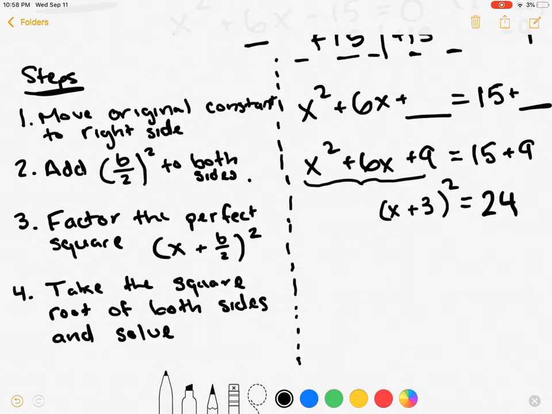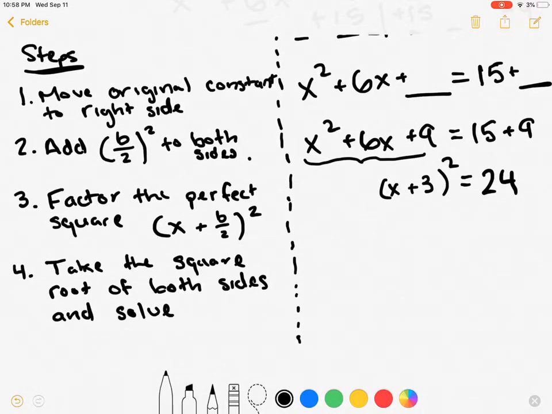So again, now we're trying to solve the problem. We're trying to find a solution to it, and to do that, we have to solve this particular equation, x plus 3 quantity squared is equal to 24. We first want to eliminate that squared, that exponent. And to do that, you can do the inverse of squaring something, which is taking the square root.